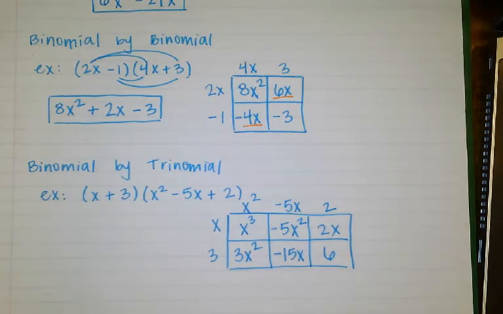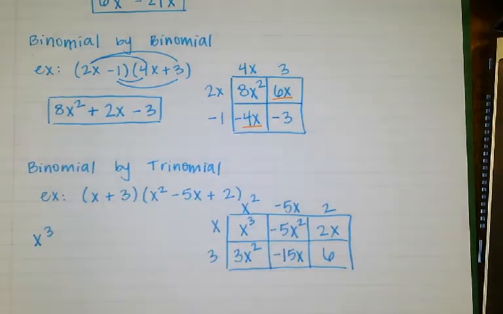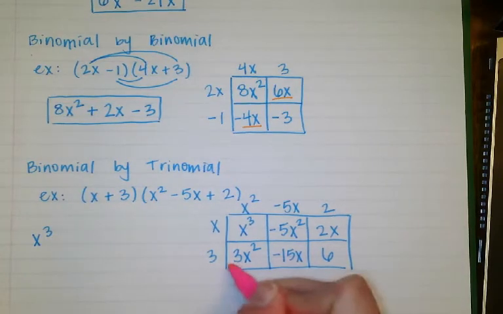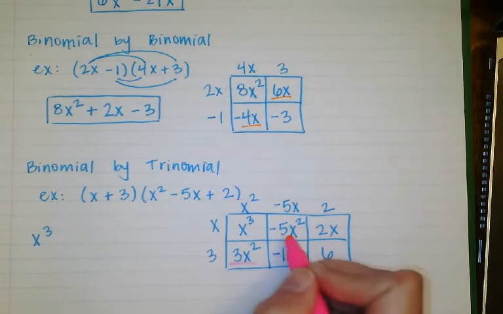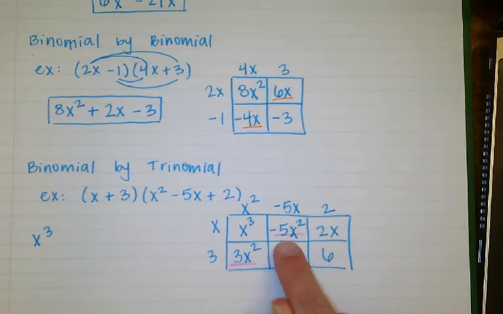Okay, so let's look for like terms. If I start with my highest power, I have an x cubed, but no other x cubes to combine it with. If I look at my x squareds, I have a 3x squared and a negative 5x squared that we can combine, so we can think of it as 3 take away 5, or 3 plus negative 5.